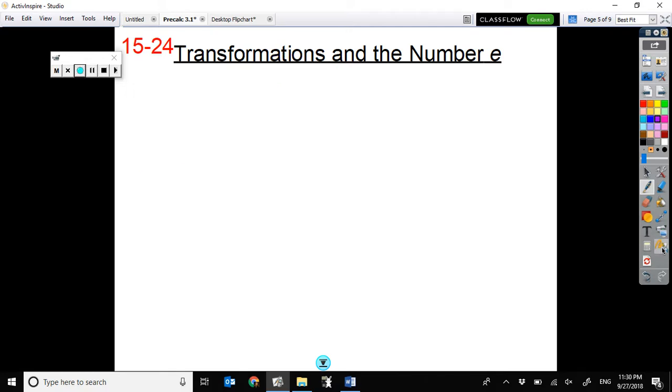So occasionally we'll see something that looks like this, e to the x. Again, e is just a constant, so this is still exponential. Well, let's say I want to reflect this about the x-axis. If I reflect it about the x-axis, that means the negative goes outside.